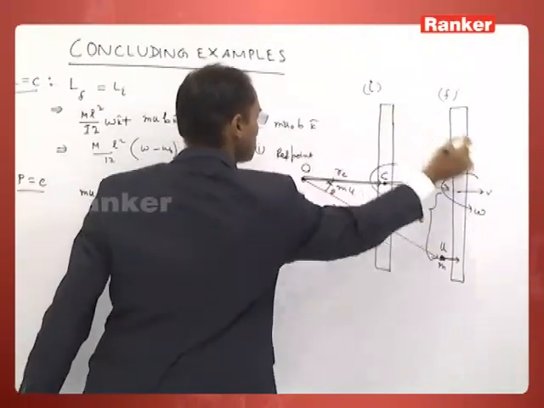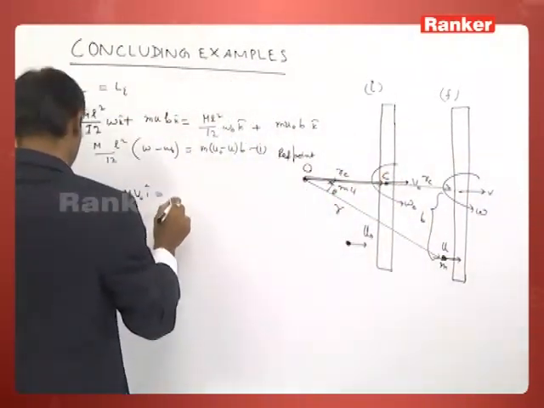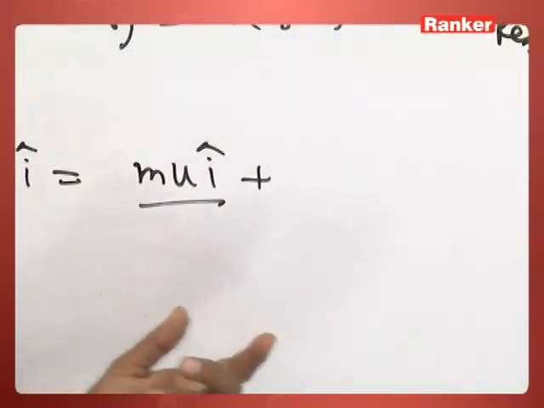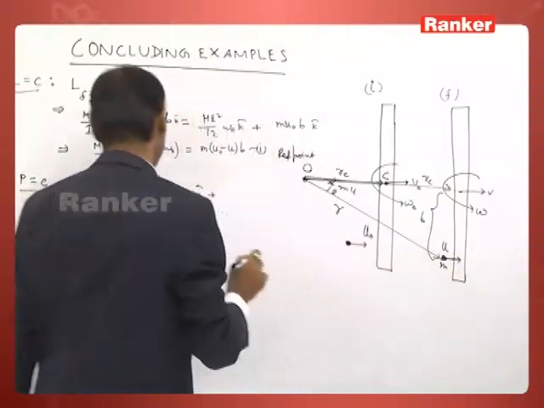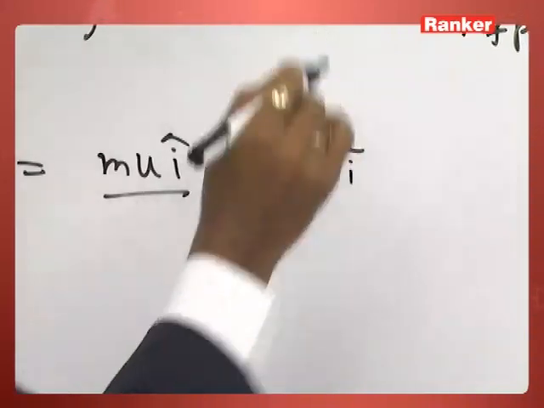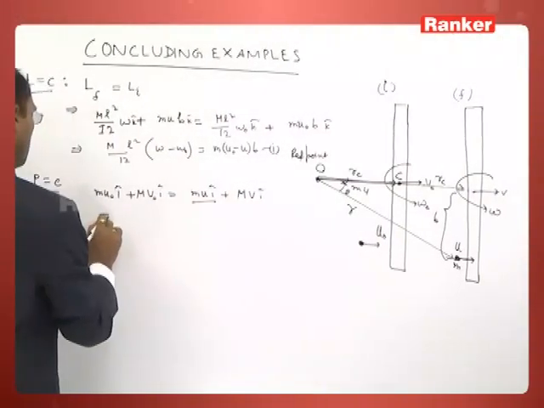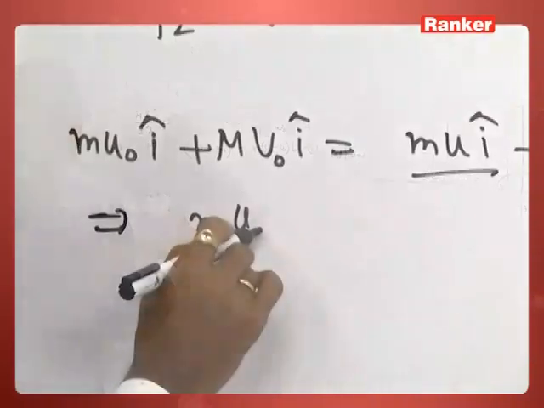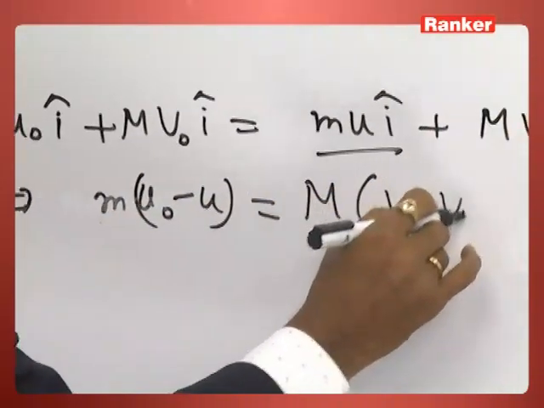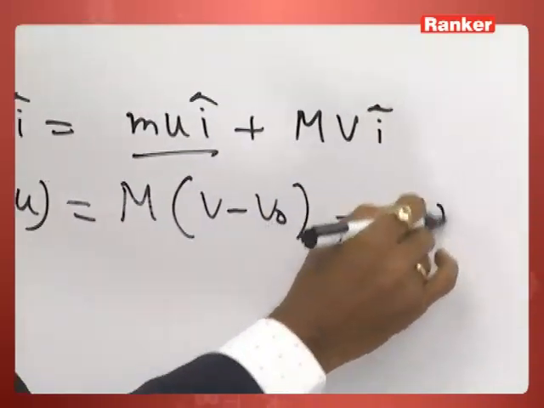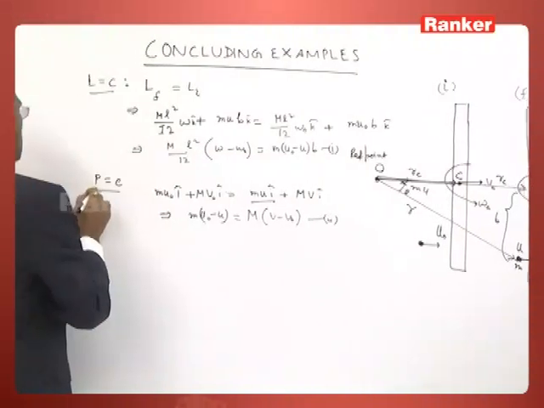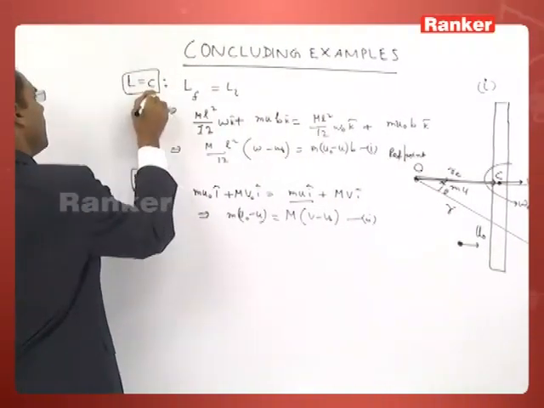Just after the collision, this will be equal to m u i cap for the particle plus the rod's linear momentum along the positive x direction. So we get m into u naught minus u is equal to capital M into v minus v naught. This is the second equation, based upon conservation of linear momentum.